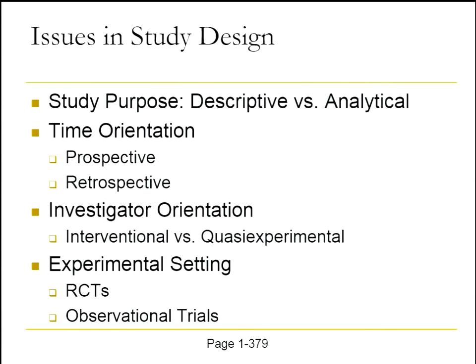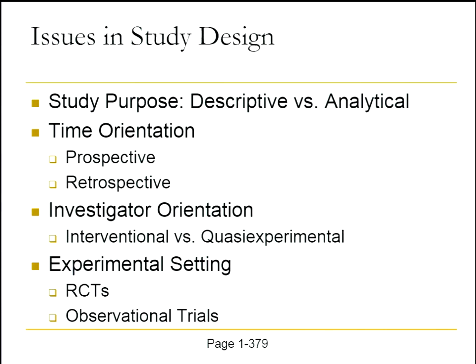All right, so when we think about study designs, we think about some factors related to the things that are shown on this slide. And the first is, what's the purpose of this study? Is it a descriptive trial, or is it an analytical study? One that we're trying to simply describe, or one that we analyze and try to make some inferences about to other situations?